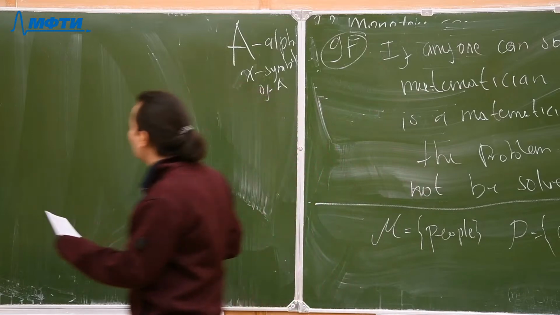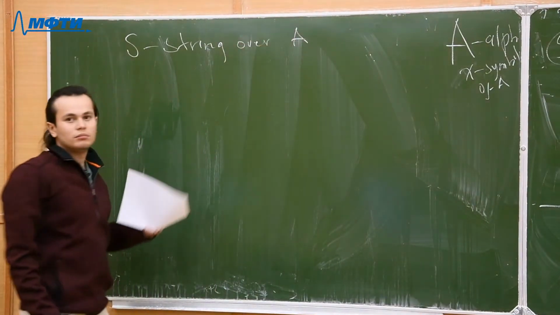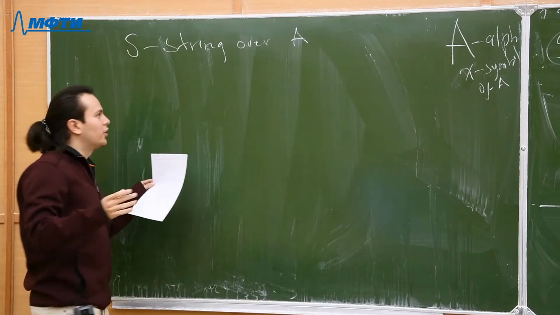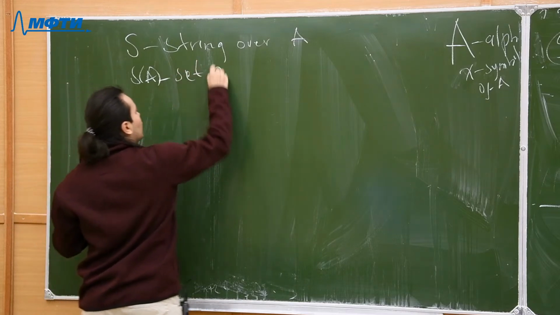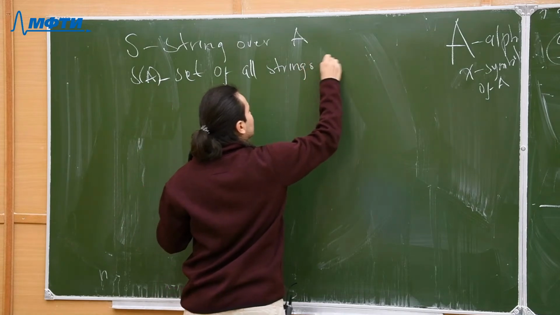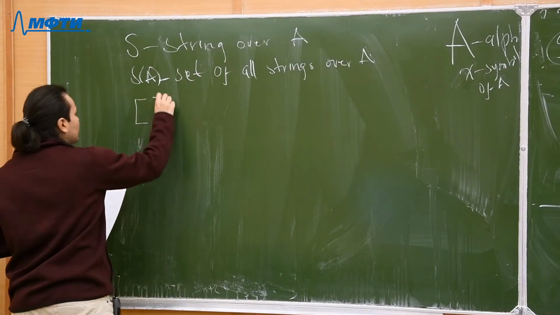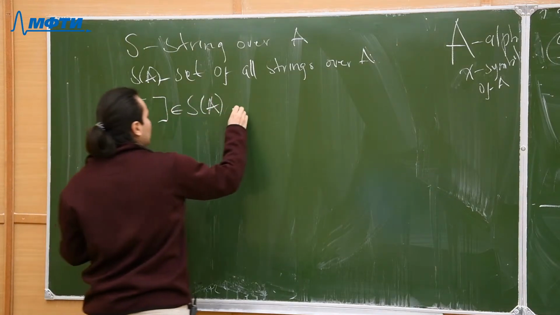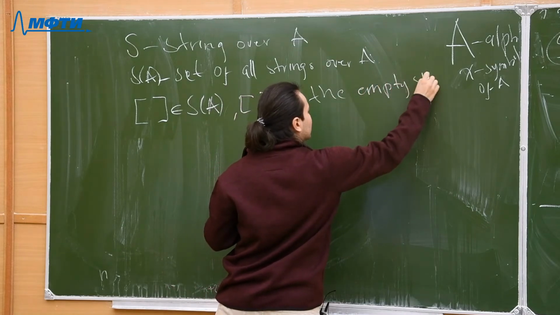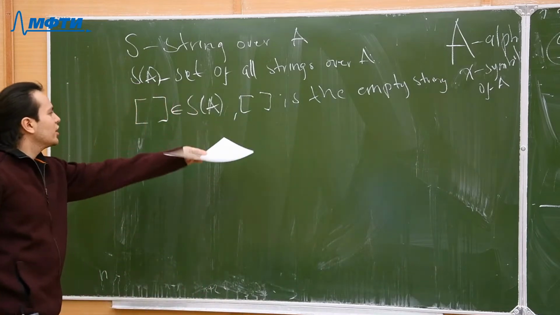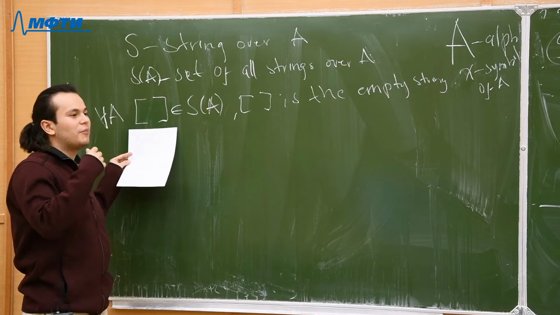Let S be some string over A. Let's call S_A the set of all strings over A. Now we say that the empty string belongs to S_A. The empty string is a string over any alphabet.